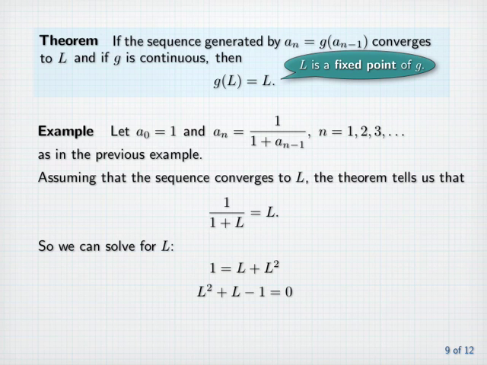Then we rearrange this quadratic equation, writing it as L squared plus L minus 1 equals 0. And now the quadratic formula, along with the fact that the limit is going to be a positive number, tells us that L equals minus 1 plus the square root of 5, divided by 2. This is the exact value of the limit of the sequence.